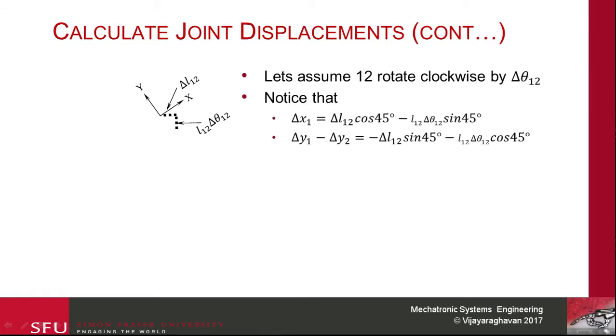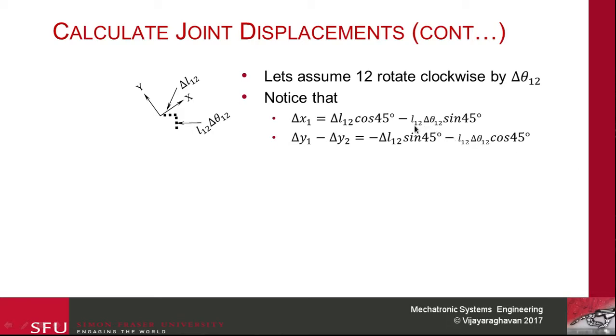Notice that my delta x1 in this equation is going to be delta L12 cos 45. Here the angle is 45 degrees, and then we have L12 delta theta sine 45, and because we have the y2 added, whatever y we get is going to be delta y1 minus y2, which would be minus L12 sine 45 minus L12 delta theta 12 cos 45 degrees.